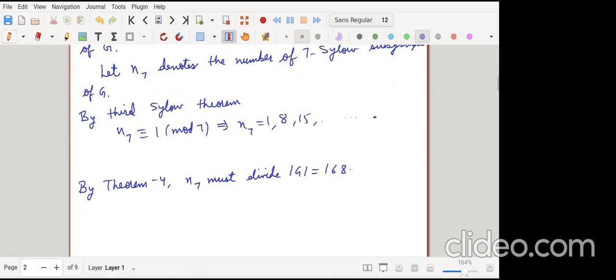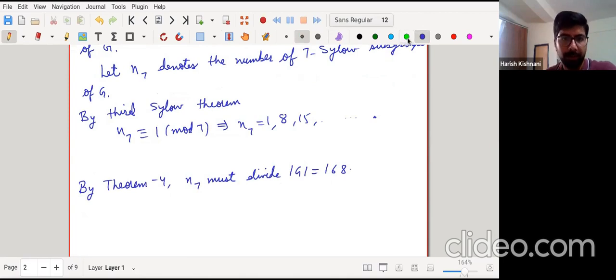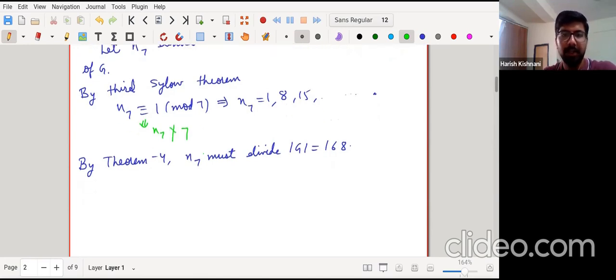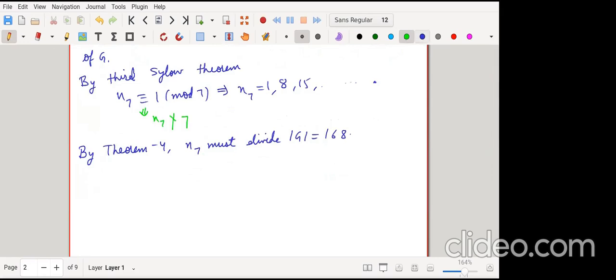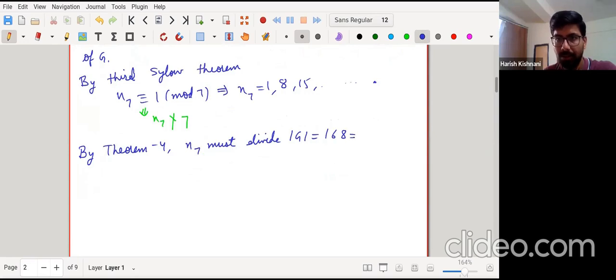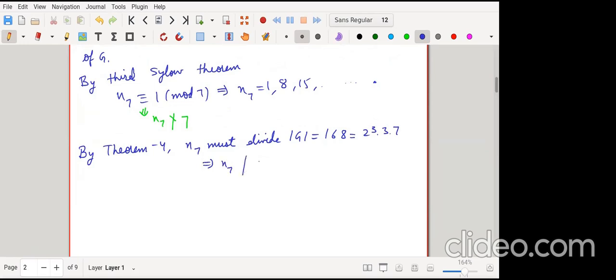No, right? Because it's congruent to 1 mod 7. So it implies that n7 does not divide 7, or in general np does not divide p. How can we use that? 168 is 2 cube times 3 times 7. So n7 does not divide 7. What does this mean? This implies n7 has to divide whatever is remaining, 24, right?